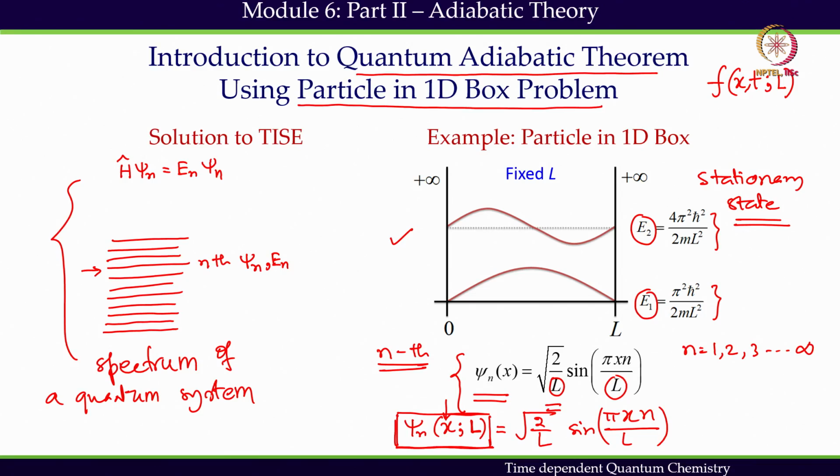So, if I have these wave functions written like this, then the time dependent wave function, as we know, this is the time independent part. So, the time dependent wave function can be written as follows.